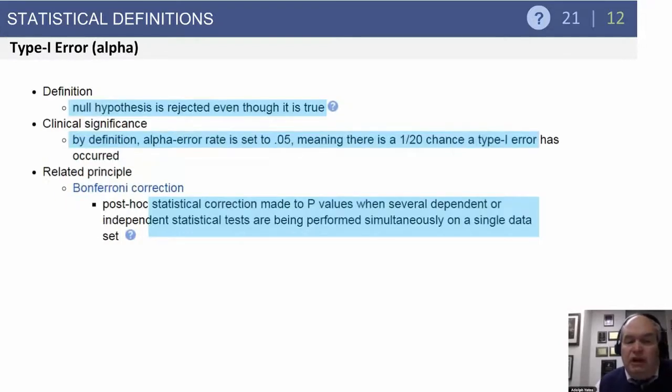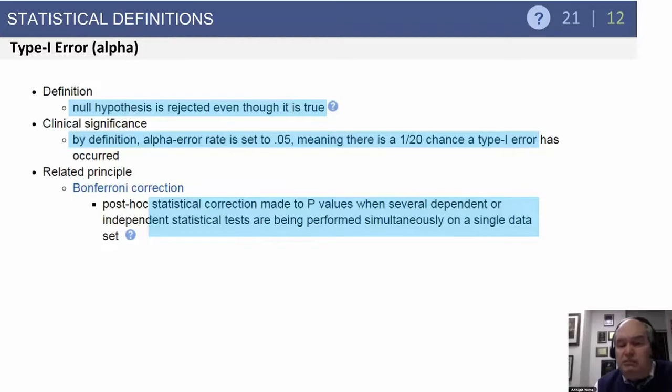So again, to reiterate, a type 1 error is when the null hypothesis is rejected even though it's true. By definition, this means that you've got an error that has exceeded the 0.05 that we use as a probability, a 1 in 20 chance of that type 1 error.